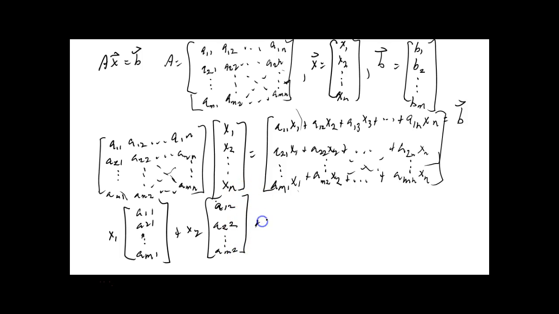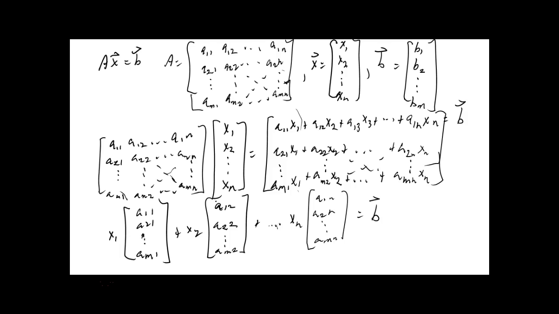Plus, and you keep on going until you get them all done. The last one is x sub n times a sub 1n, a sub 2n, dot, dot, dot, a sub mn. And by the way, that is equal to the vector b. They don't list that out, but it is.